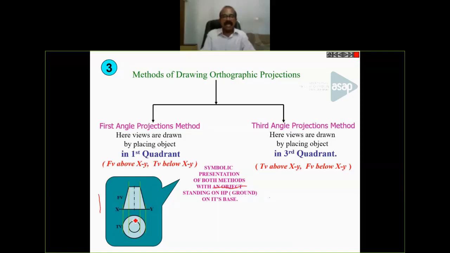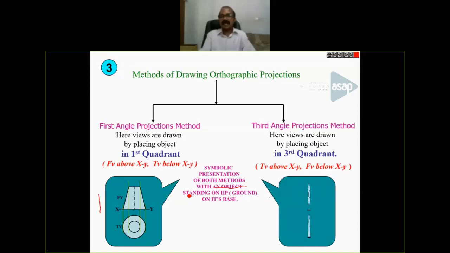So this figure itself acts as the symbolic representation of the first angle projection method. Similarly, if the object is in the third quadrant, the elevation will be below the XY line. In this figure, you first draw the XY line, then the frustum of a cone.